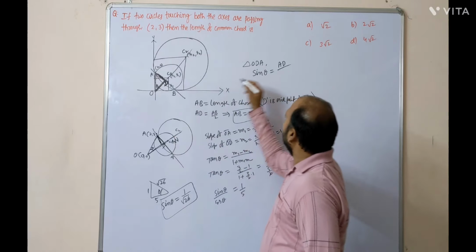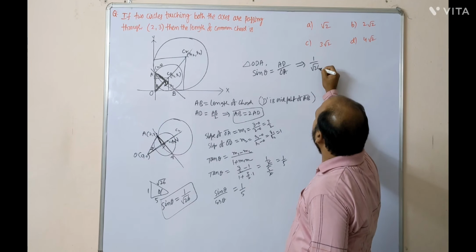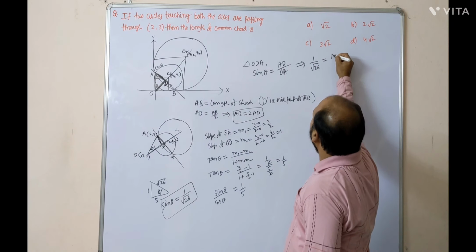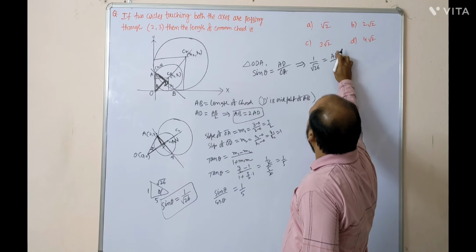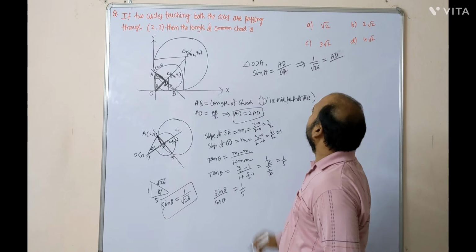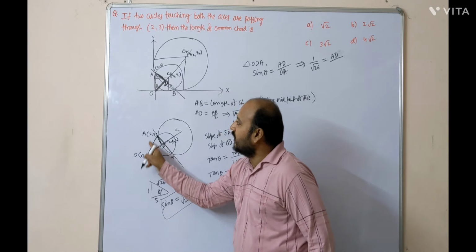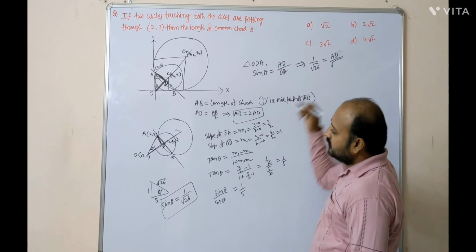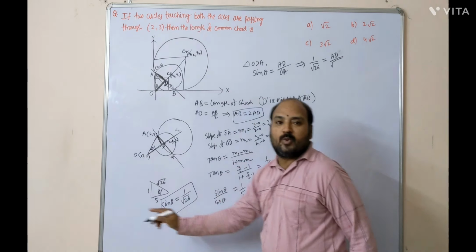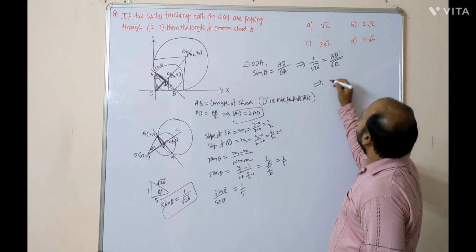sin theta equal to opposite by hypotenuse, that means AD by OA. That implies sin theta value 1 by root 26 is equal to AD by OA. OA value is how much? Distance between these two: root of 3 square plus 2 square, so 9 plus 4, 13. So root 13 I am taking here.